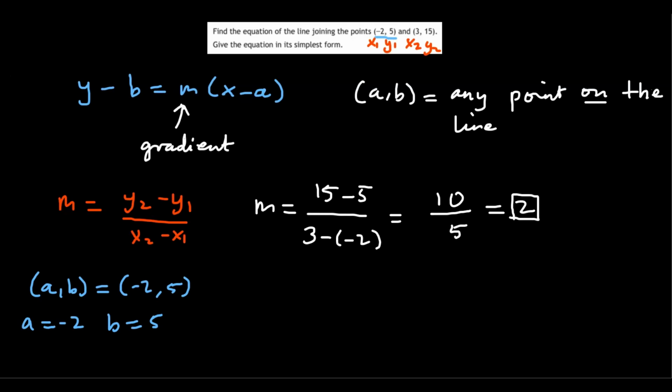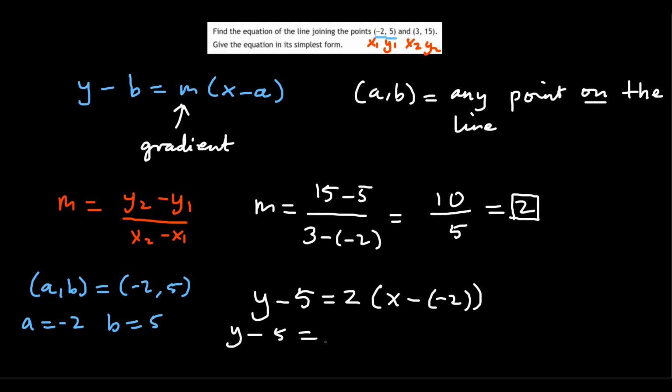And then we just plug everything into the equation of a straight line. So y minus b, so that would be y minus 5, equals the gradient times (x minus a). So 2 and then (x minus negative 2), and then we just go ahead and simplify that.